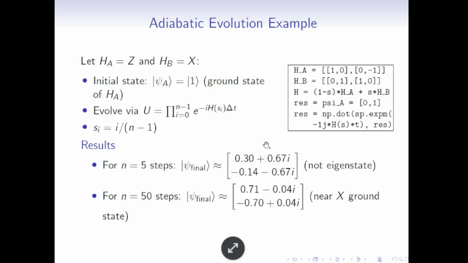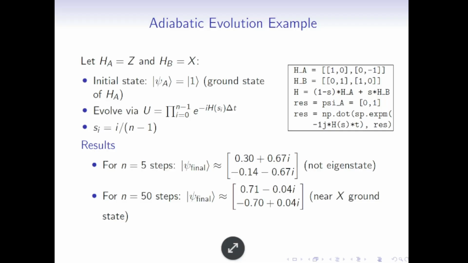So 1 by root 2 is how much? 0.7, close to 0.7. So you do get into the ground state, but the condition is that you should have a large number of steps in between. So this s which you take from 0 to 1, the division should be of a larger number of steps.